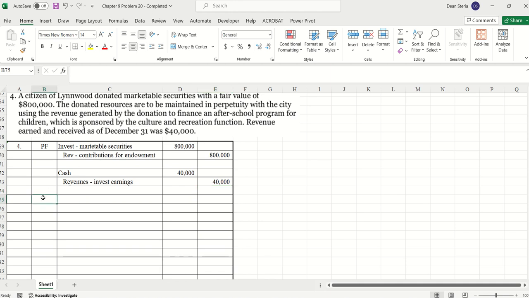Okay, and then this here is also the permanent fund, which we're going to have the other financing uses, interfund transfers out, and then we're going to have cash, and that's going to be the $40,000.